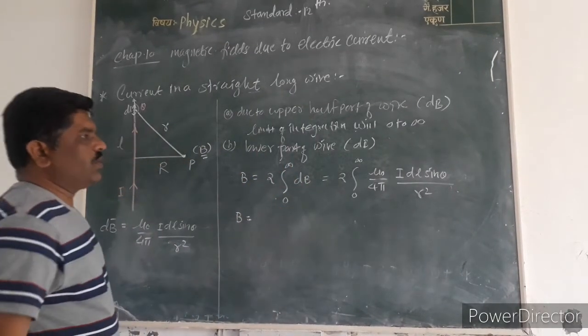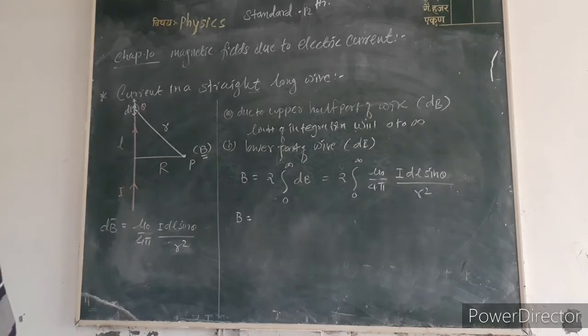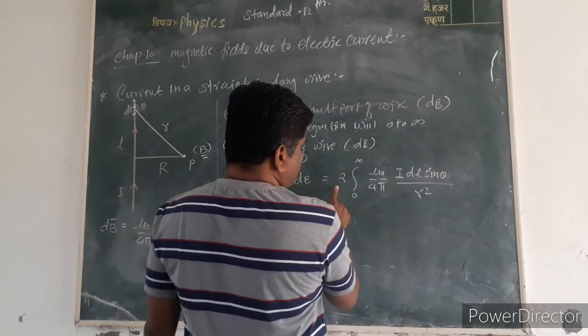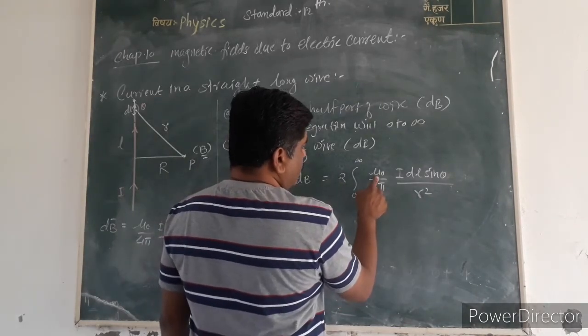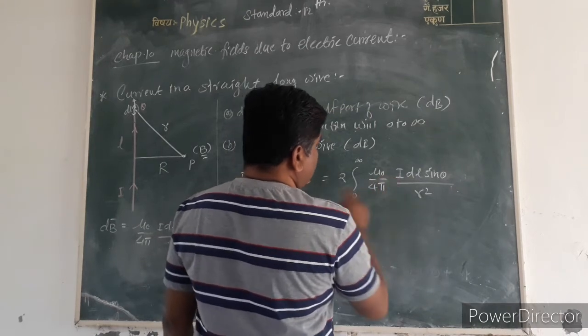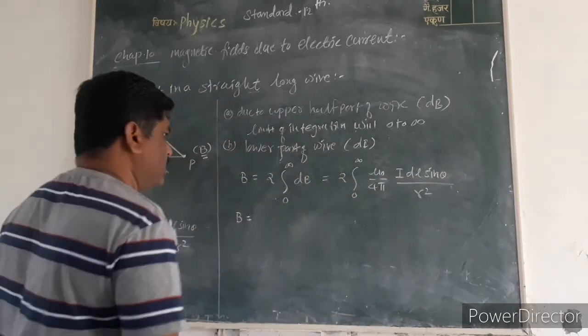Therefore, B is equal to, 2 is constant, mu 0 is also constant, I is constant, 4 pi is also constant.